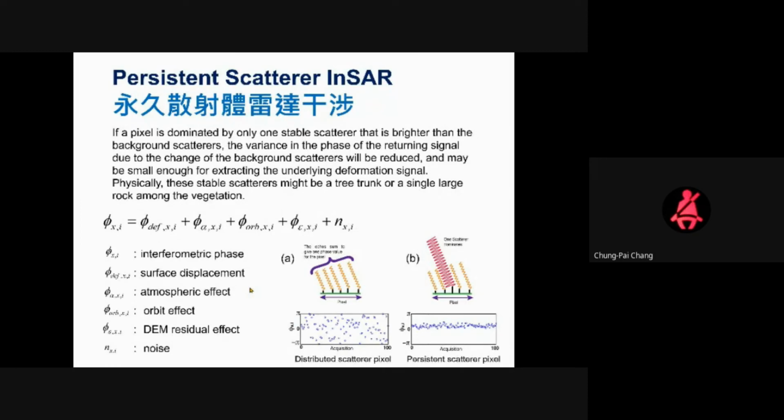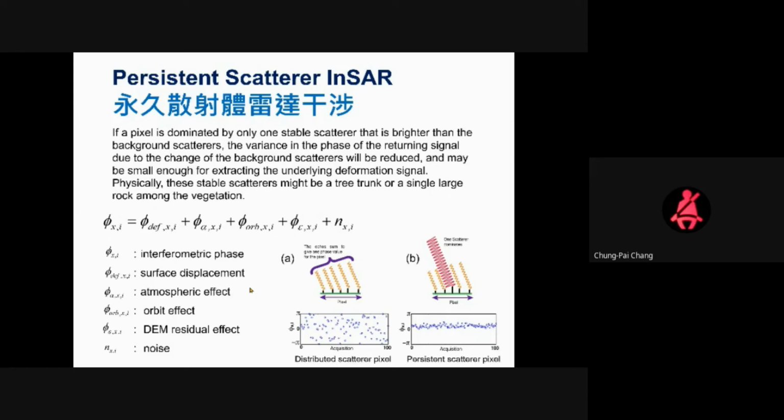We just use the scatterers that are very stable in all these images. And we use not only 2 images, we use a series of images, normally more than 20 images together, and choose the stable pixels in all these images. Then we calculate the phase change of the single pixel along with time.